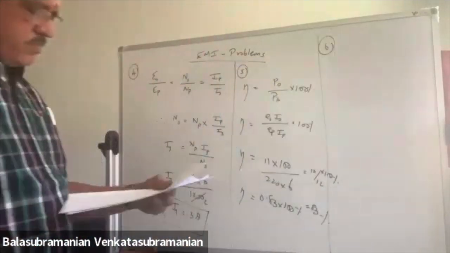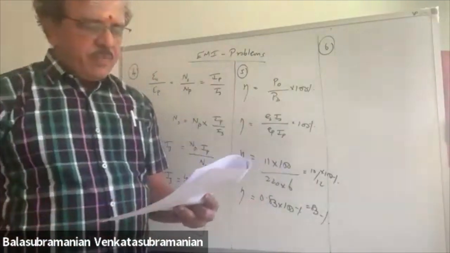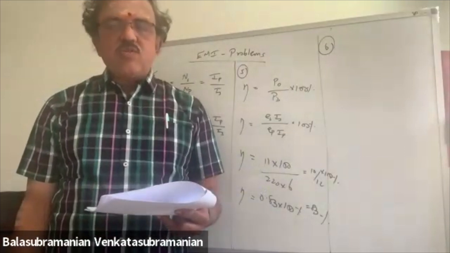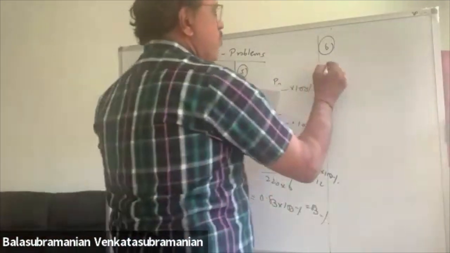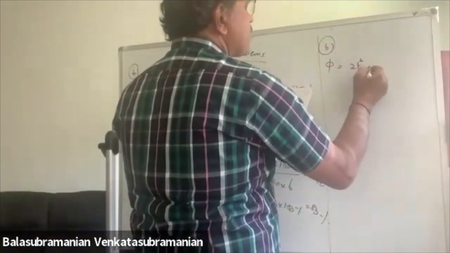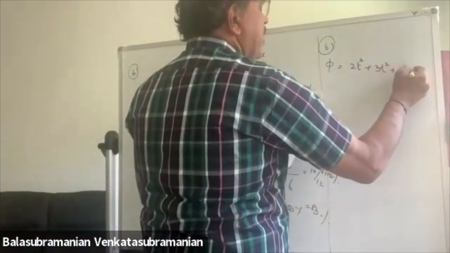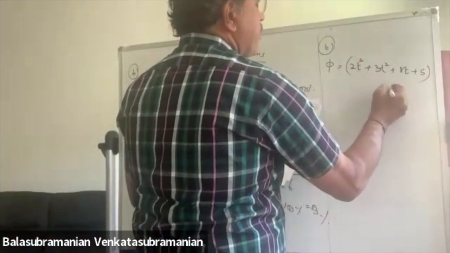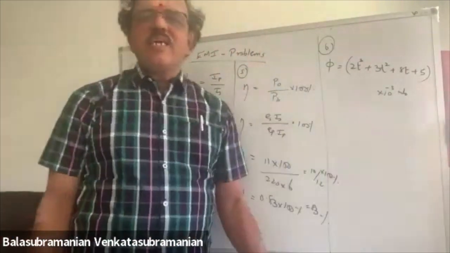Six. The magnetic flux passes perpendicular to the plane of the circuit and is directed into the paper. If phi is equal to 2t cube plus 3t square plus 8t plus 5, into 10 power minus 3 Weber, what is the induced EMF?